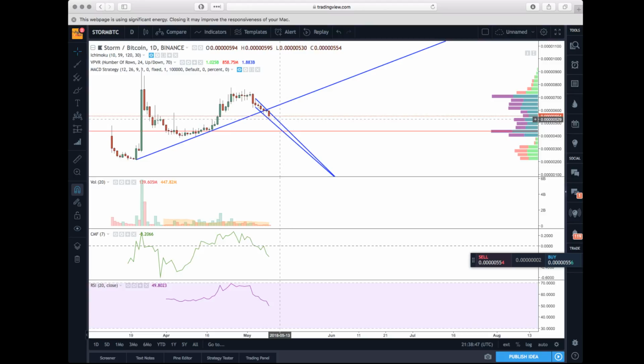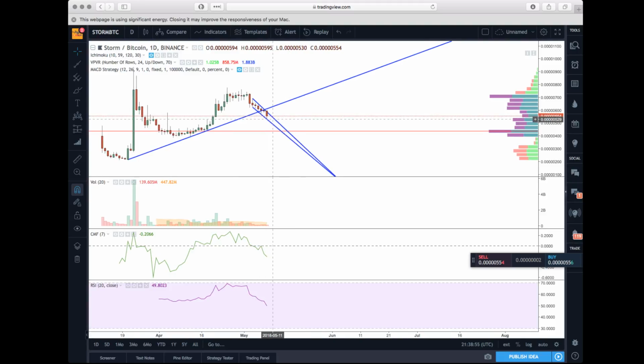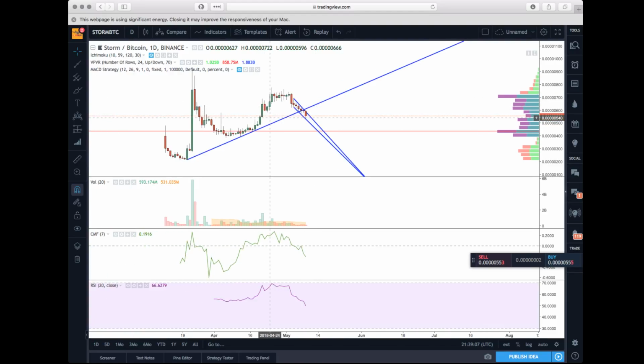So for me right now, I would personally be waiting, like I said, to break out of this. You can risk buys along that support, but as you can see, it's just bleeding. Not great overall. And then breaking that support.